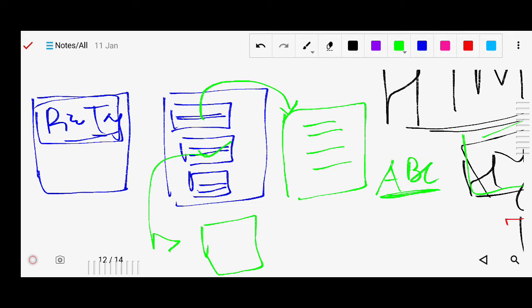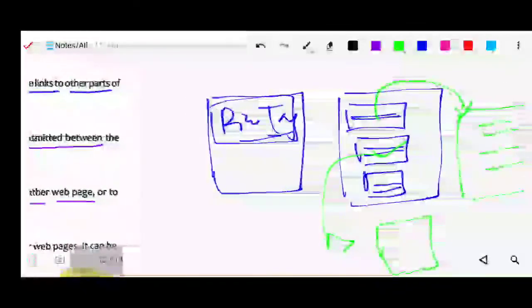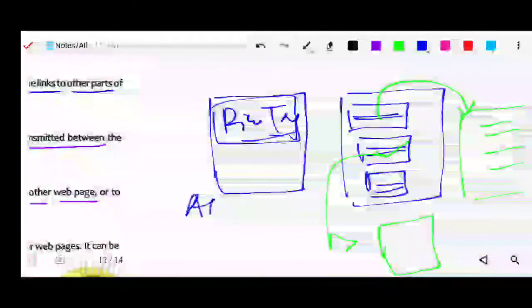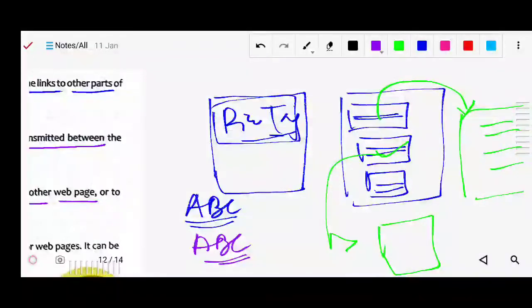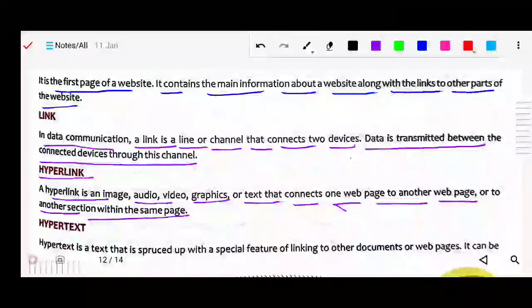One more thing you have noticed: any link is always shown in blue color. Once you have visited it, the color changes to indigo or purple. If you are currently on that page, it will be red. So these colors change, and you have to notice this. This is your hyperlink.